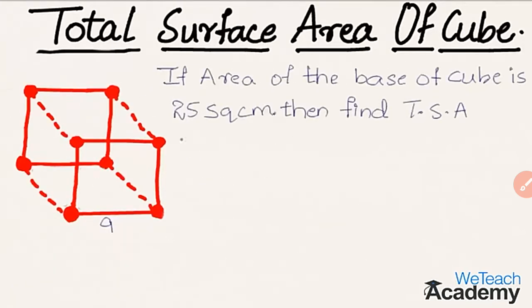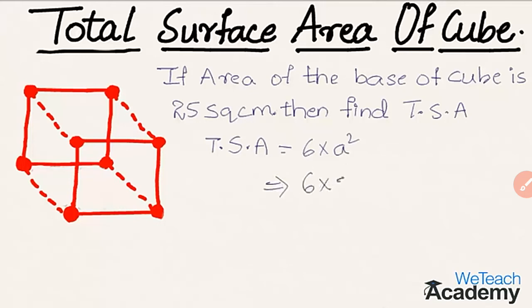And now, this is one more example. If the area of the base of a cube is 25 centimeter square, then find its TSA. We know that the base of a cube is in the form of a square. So they have given you the area of the square. Now we have to find the TSA. Let us write TSA is equal to 6A square, where A square is the area of each face.